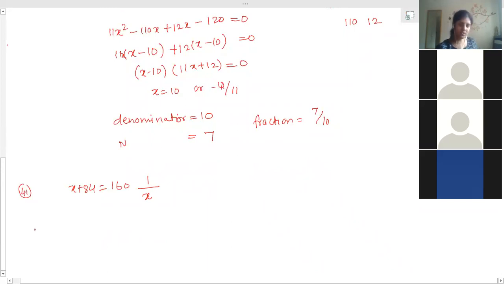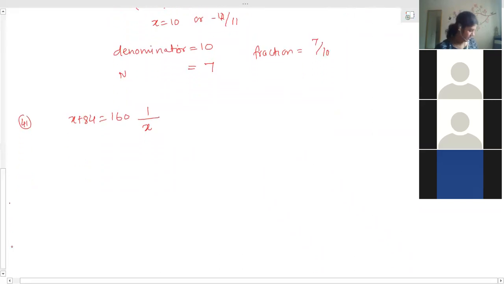Ma'am, I didn't get the 32nd one. Three consecutive positive integers such that the sum of squares of the first two and the product of the other two is 46, right? Yes, ma'am. Three integers, that means x, x plus 1 and x plus 2.